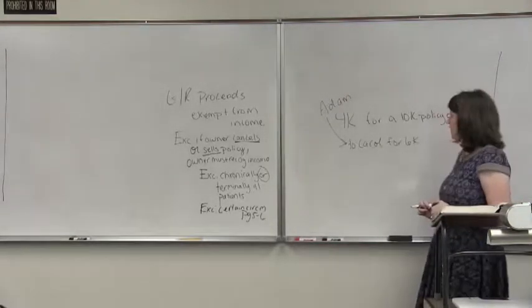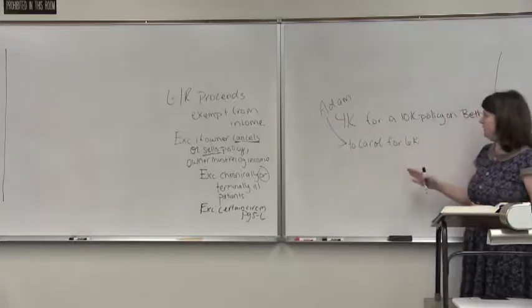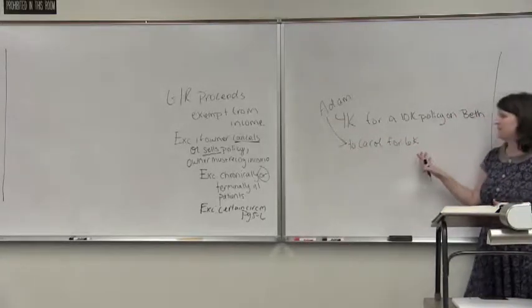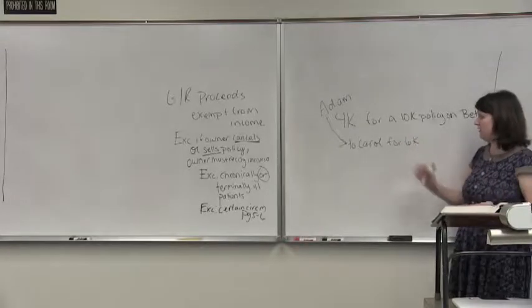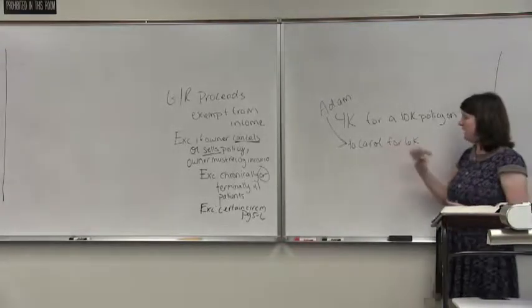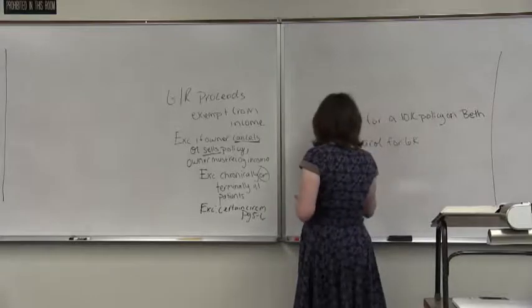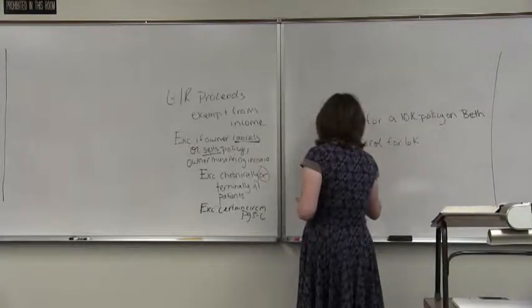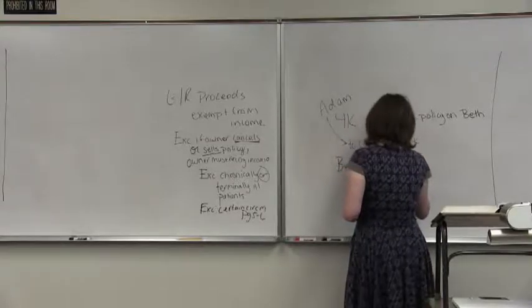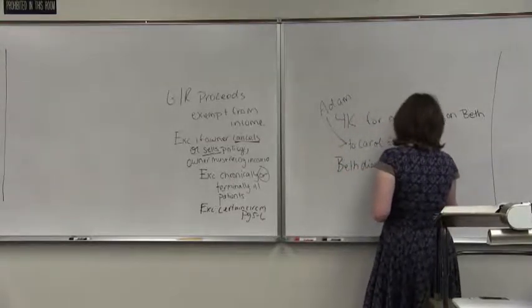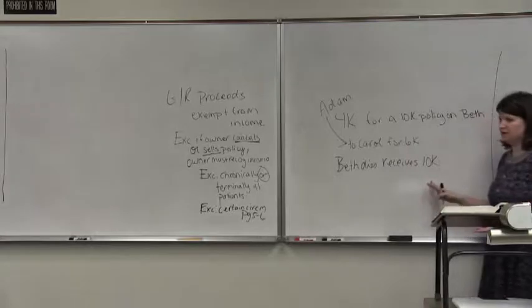Okay? So, when Adam sells the policy to Carol for $6,000, does Adam recognize any income? Yes, $2,000. When Beth dies and Carol receives $10,000, does she recognize income?